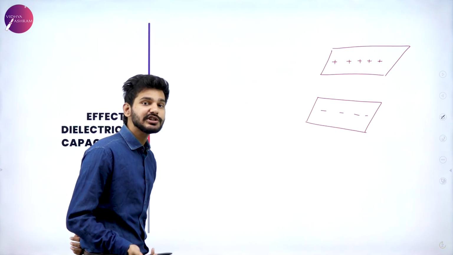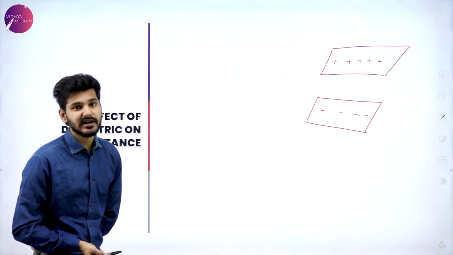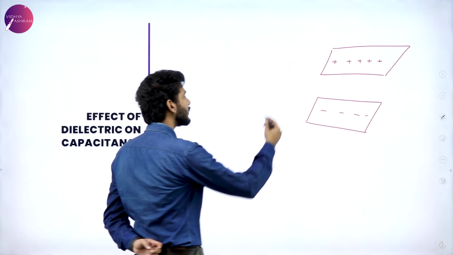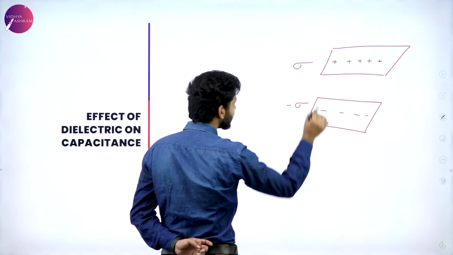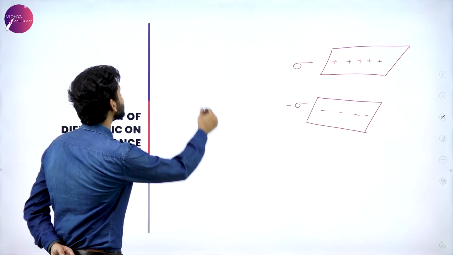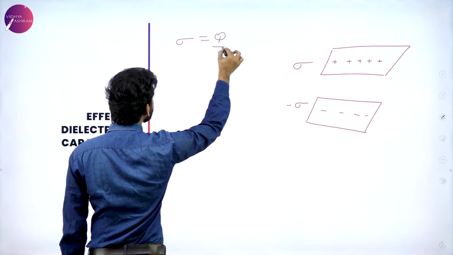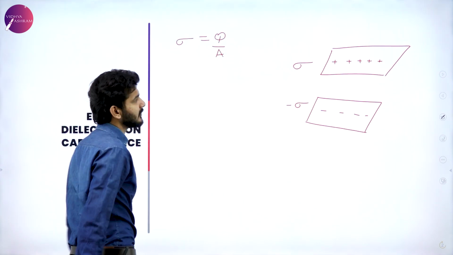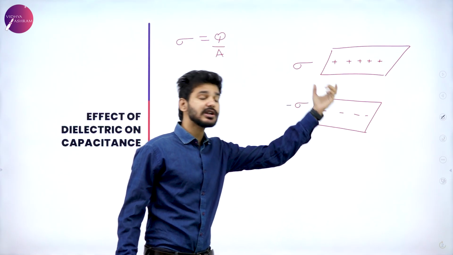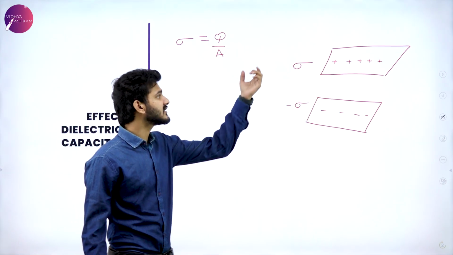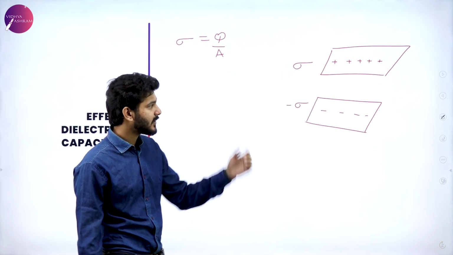Initially, I'm going to assume that the charge densities on these plates are denoted by sigma, so sigma here and minus sigma here. Don't forget, sigma is the surface charge density, which can be written as charge per unit area. So I am assuming the surface charge density is sigma on the top plate and negative sigma on the bottom plate respectively.